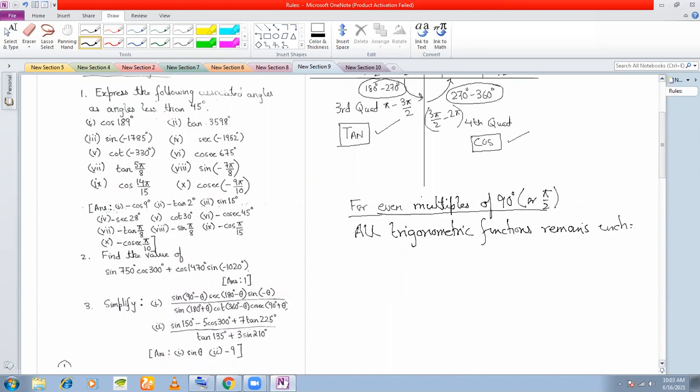That is, sine will remain sine, cos will remain cos, tan will remain tan, cosec will remain cosec.